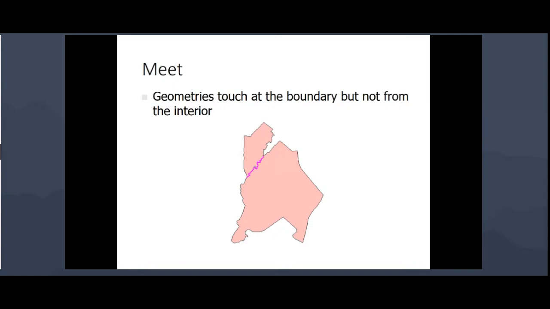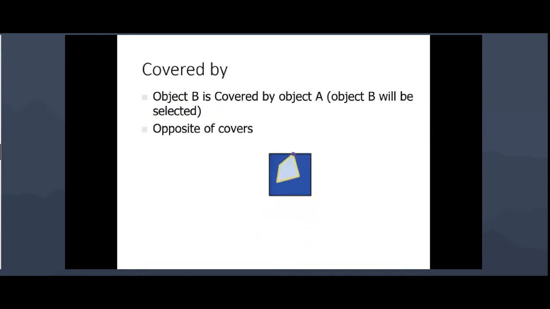Meet relationship. In case of meet relationship, geometries touch at the boundaries, but this touching is from exterior, not from the interior. We have seen in covers there is touching, in covered by there is touching, but in covers and covered by, touching is from inside.